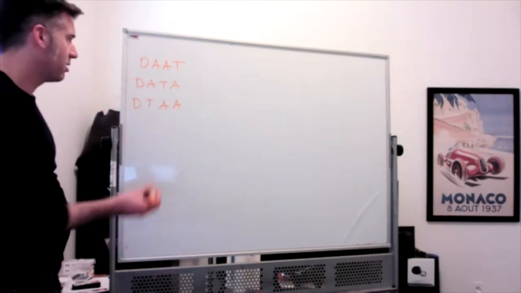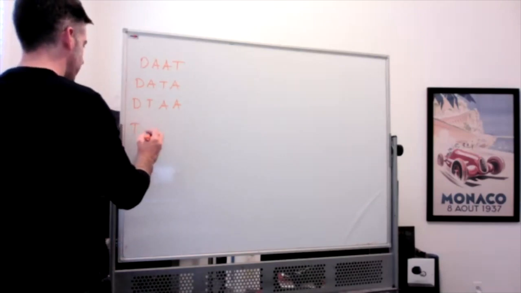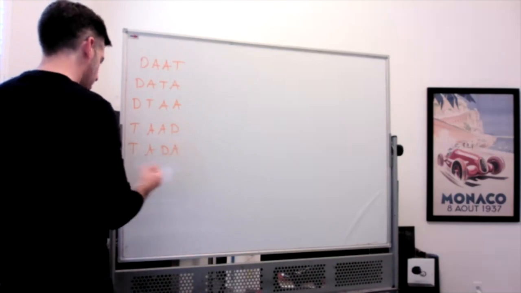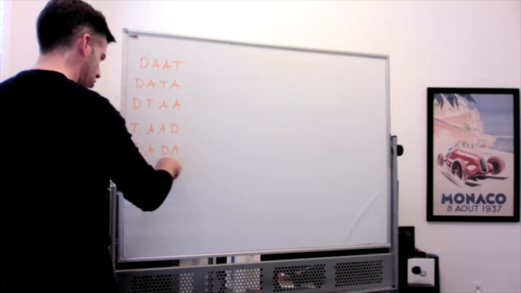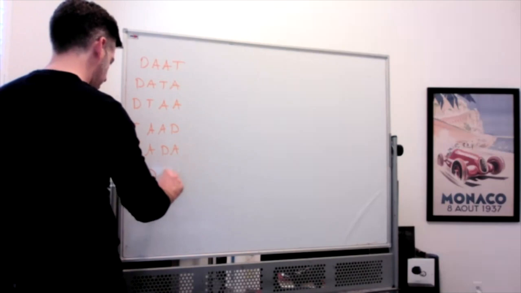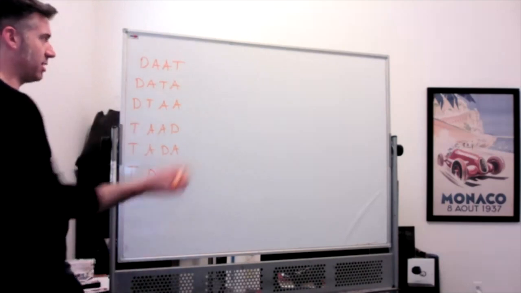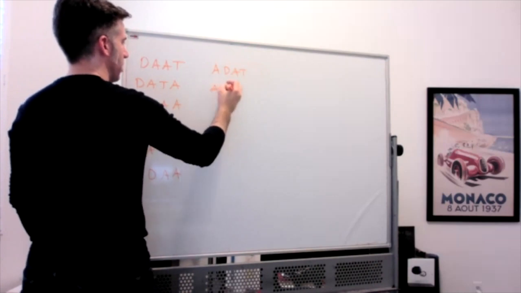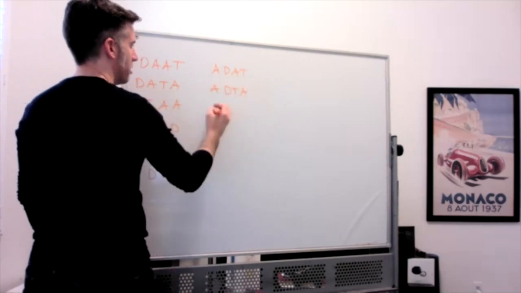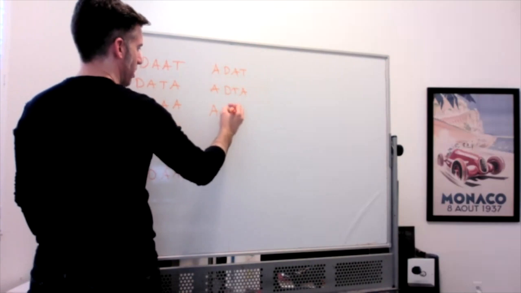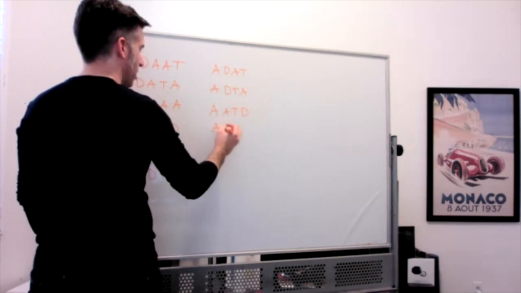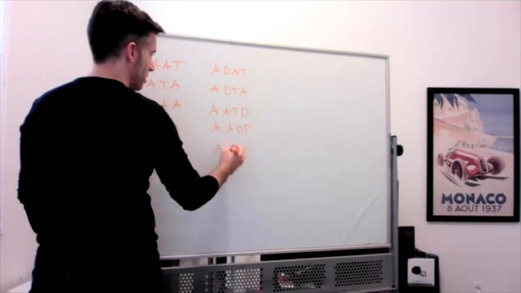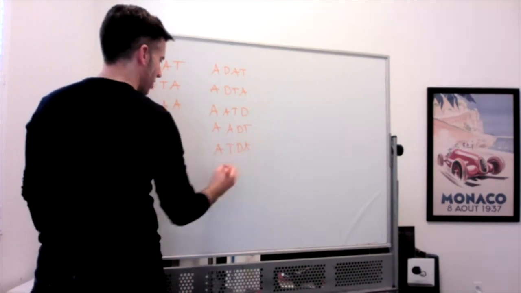Sounds right. So let's now put T in front. You have T, A, A, D, T, A, D, A, T, D, A, A. Okay, and then we put an A in front. You can have A, D, A, T, A, D, T, A, A, T, D, A, T, D, A.